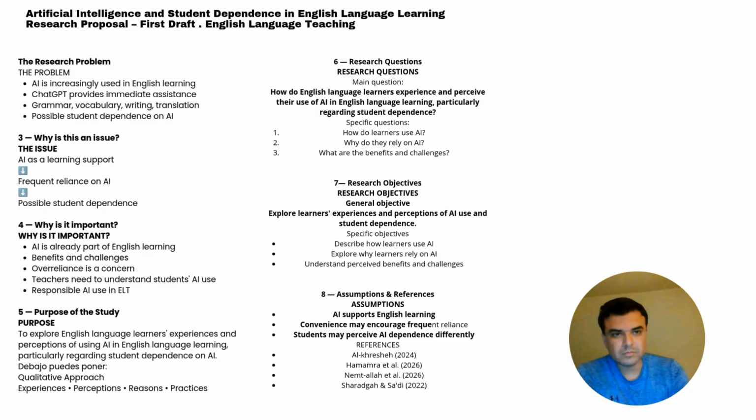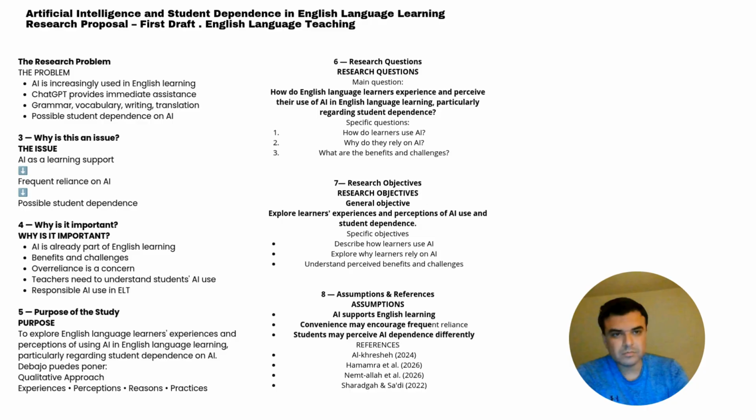And to conclude, my research focuses on an emerging issue in English language teaching, the possible dependence of English language learners on artificial intelligence. The purpose is not to argue that AI is good or bad.